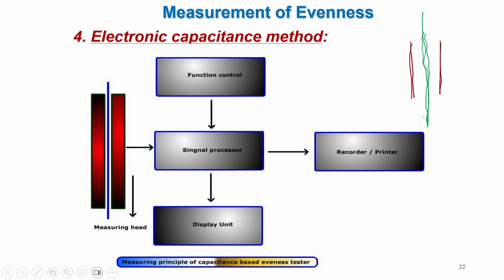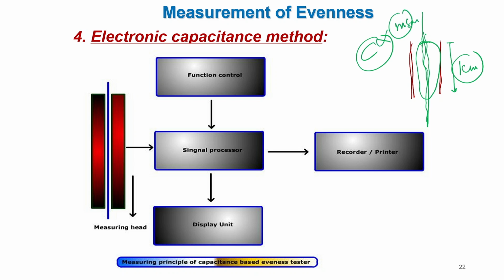Now, here what happens: the standard length of the capacitance plate is 1 centimeter, and within this zone the capacitance value is proportional to the mass of the material present.